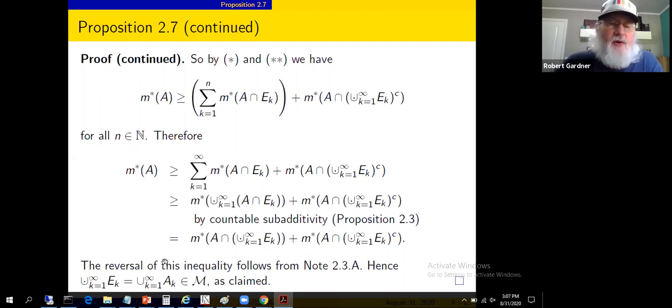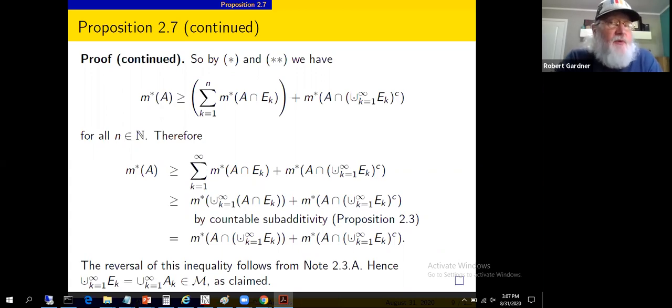But remember, the countable union of the E sub k's was the same as the countable union of the A sub k's. They are the same sets, just the E sub k's are disjoint chunks that were cut up from the A sub k's. So the countable union from 1 to infinity of the A sub k's is also a measurable set. That was the claim. So we started with a countable collection of measurable sets, A sub k, and we showed their countable union is again measurable.